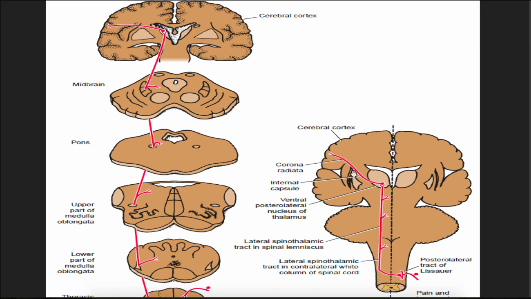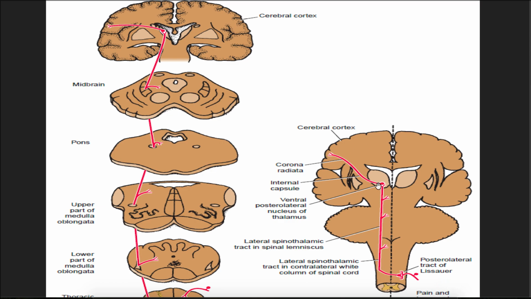And coming out of the internal capsule, it's like a star radiation. All these fibers are going into different directions. So the emerging fibers from the internal capsule will be corona radiata, and eventually this will go to the sensory cortex because we're bringing in sensory information.